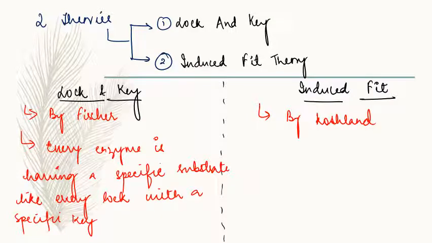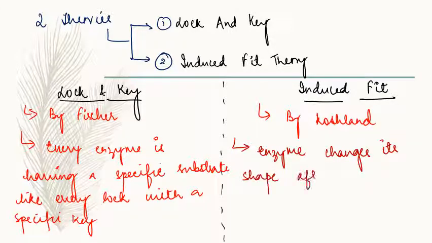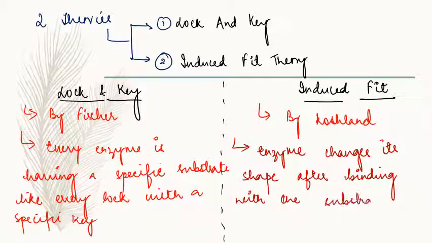But if you say this induced fit, the enzyme changes its shape after binding with the substrate, right? That is what is explained by the two theories, right?